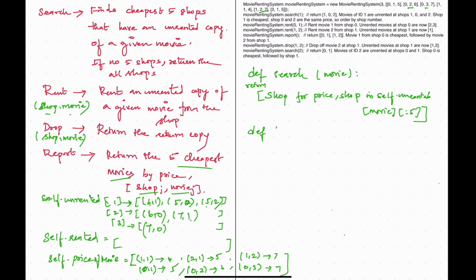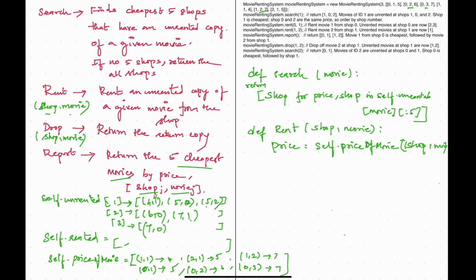The same way, for rent you will be getting shop as well as movie, right? When you are renting, you should remove it from the unrented and put it in the rented. For that, to put it in the rented as well as to remove it from the unrented, we need to know the price. How will you get the price? Self.price of movie, you pass shop comma movie.